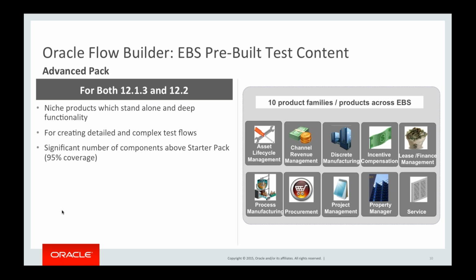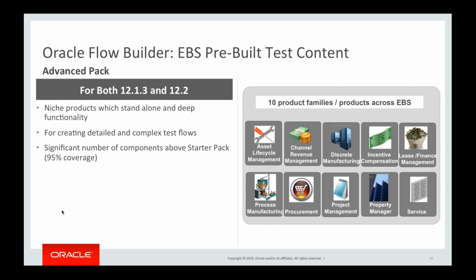Over here in the advanced pack, it focuses more on complex scenarios, deep dives. Instead of just making sure, for example, that you can create a requisition, purchase order, invoice, receiving, here you have more complex, deeper details. You can do return material, RTV, all this stuff, it's all automated in the advanced pack.